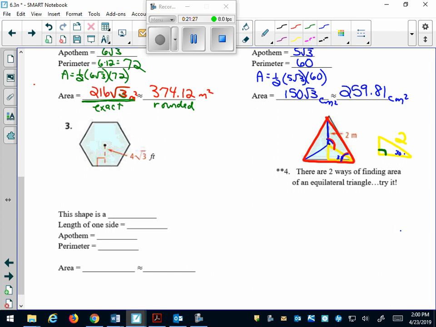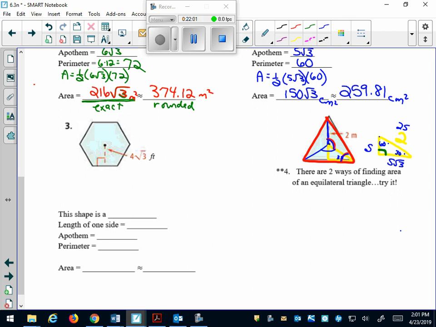If a whole central angle is 120, we cut it in half, it's 60 up here. So it actually is a special right triangle, it's just turned in the other direction. Our apothem is not the s root 3 now. What's our apothem? Just s. Remember, the hypotenuse is 2s. This is just s. And down here is s root 3. So it's a little different, right? It is a special right triangle, but it's facing a different direction.